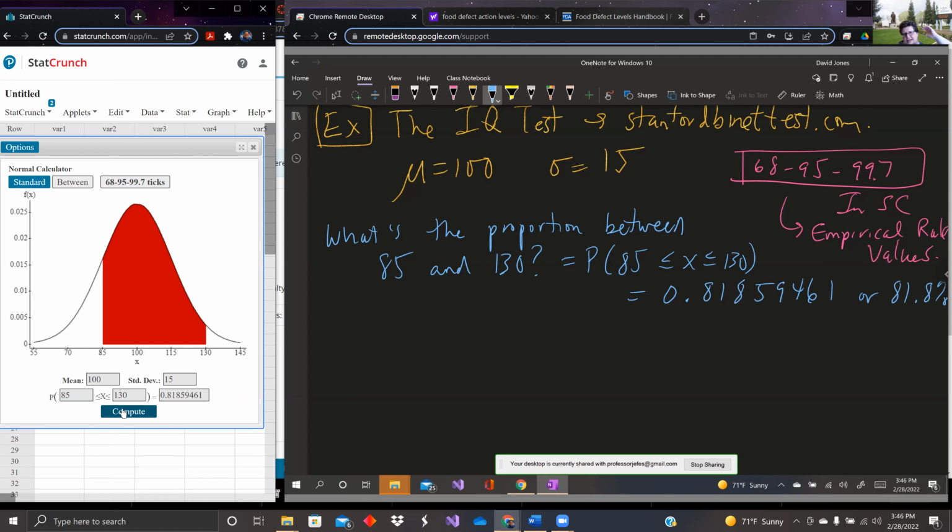So if we did check everyone, the amount of people that are in that range is 81%, 82%. Or if I picked a random person anywhere on this planet, picked them randomly, there's an 81.8% chance that they have a score between 85 and 130.